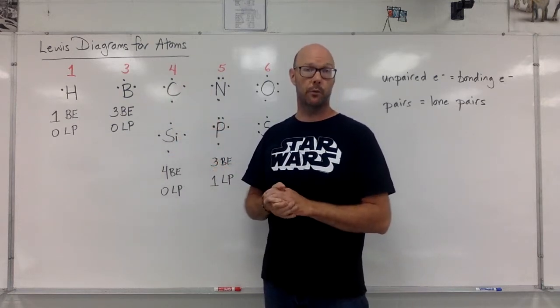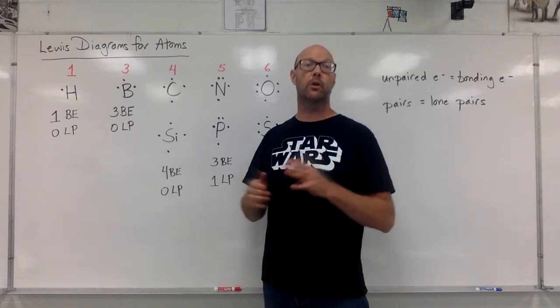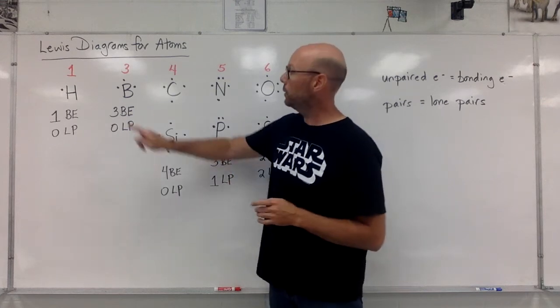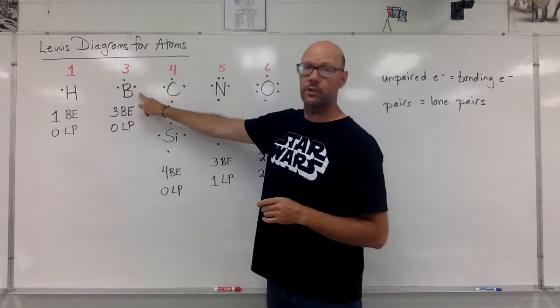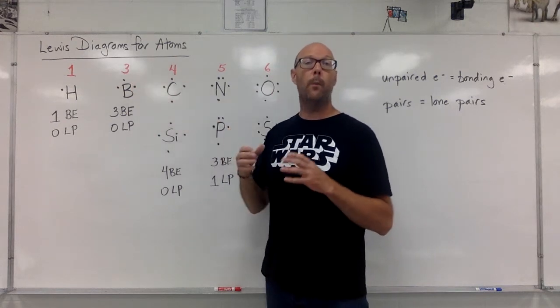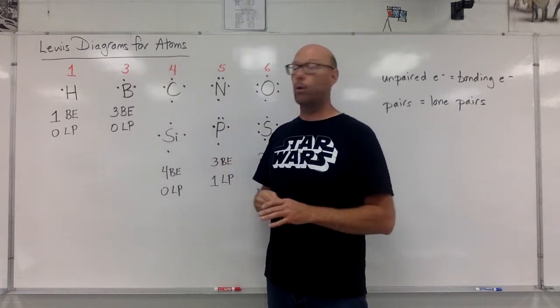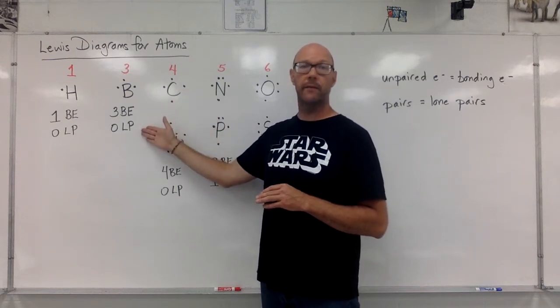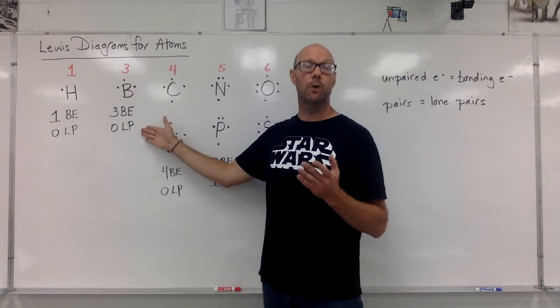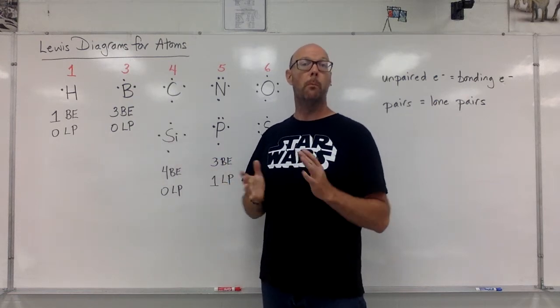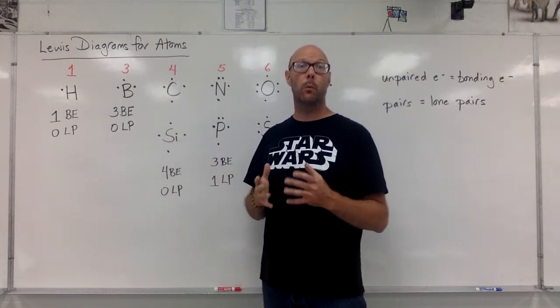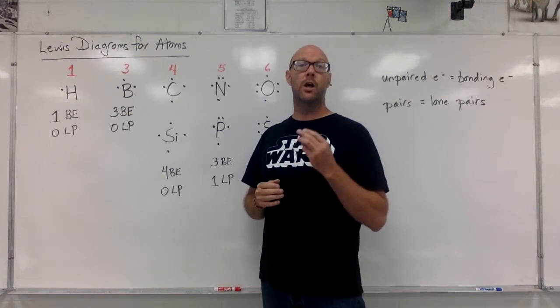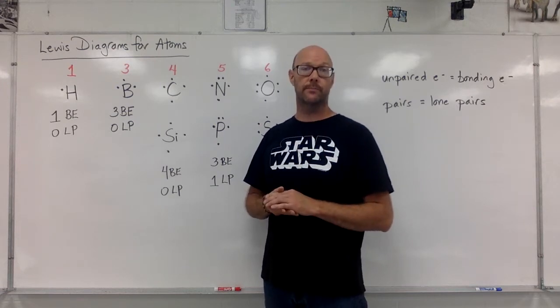We could do it in a different way, and it would still be 100% correct. When we look at it, we see that these electrons are not paired. They are all bonding electrons. So boron has 3 bonding electrons, but none of those electrons are paired up. It has 0 lone pairs.